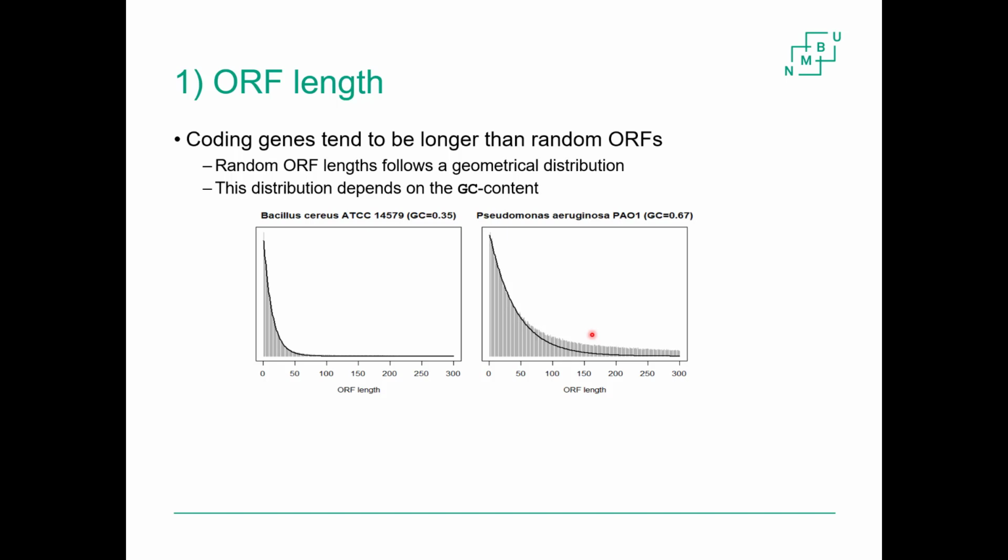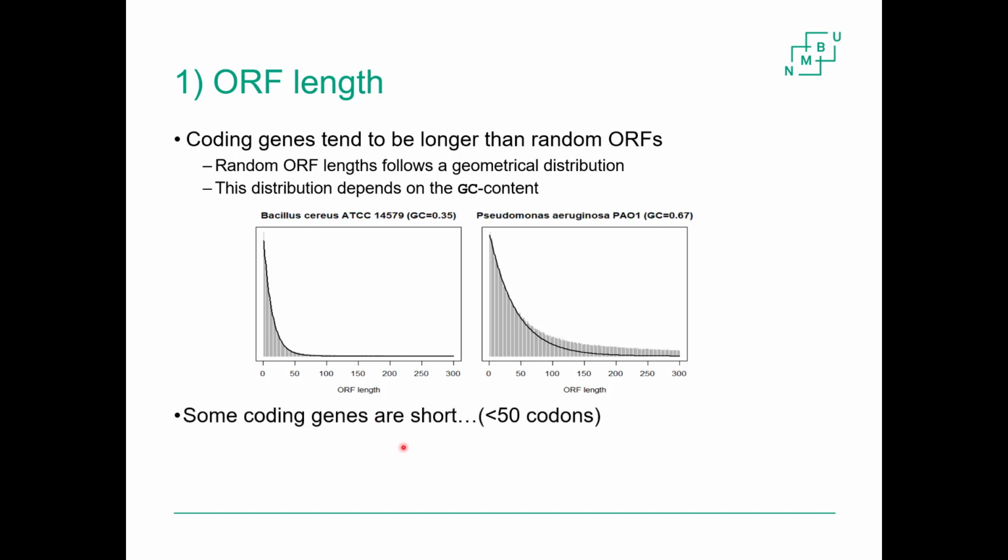And most proteins are, well, biggish, if not very big, at least they are not super small. So that's why we tend to see longer ORFs in real genomes compared to if we just simulated a random genomic sequence and collected the ORF lengths. So this picture here is actually evolution in action. You can actually see evolution in this picture.